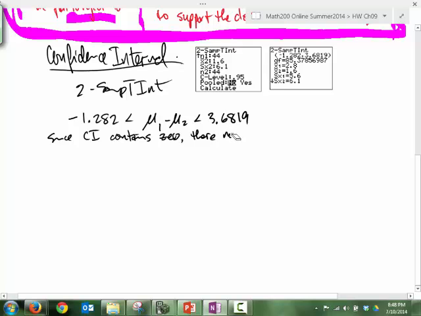There is not a significant difference between the two diets. If it didn't contain 0, there is a significant difference.